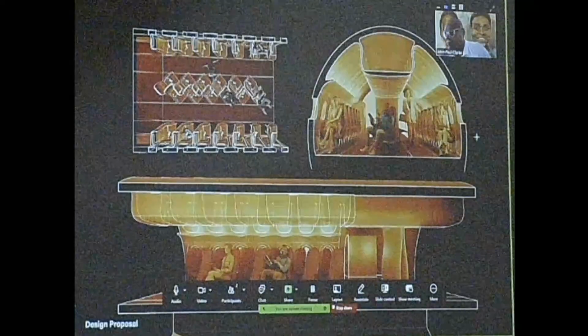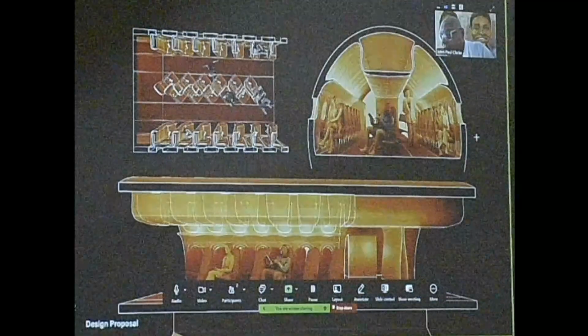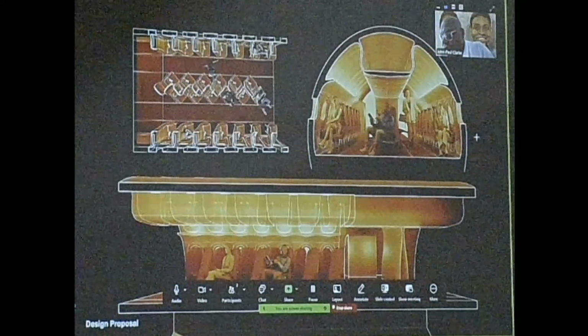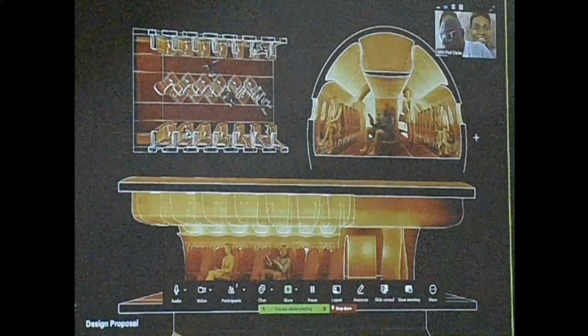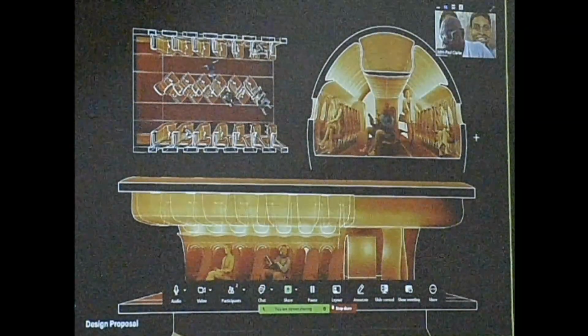And then also just the whole dignity thing, which has been stripped from air travel recently. We wanted to amplify that again.